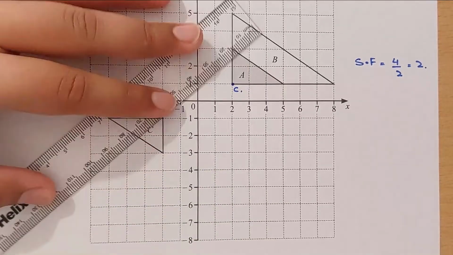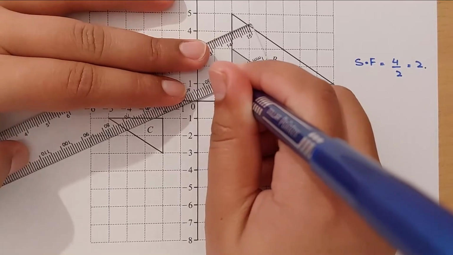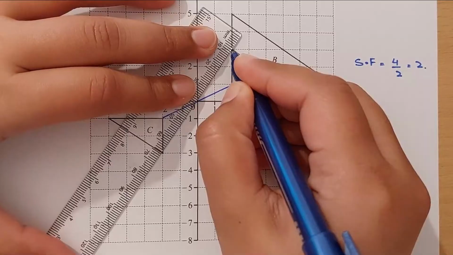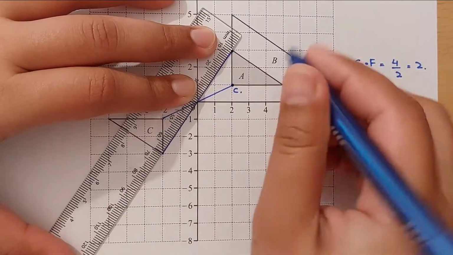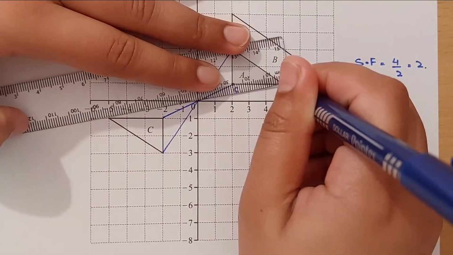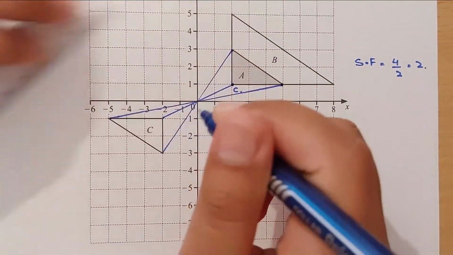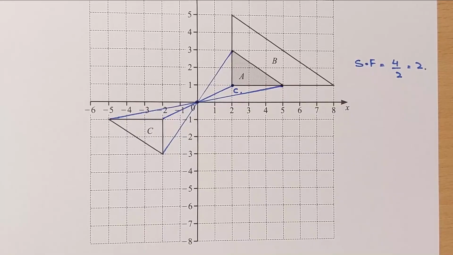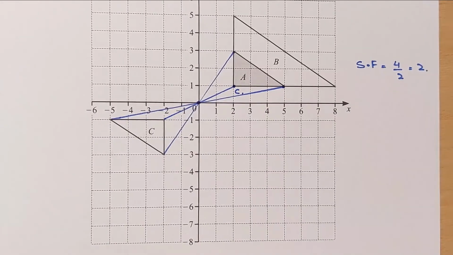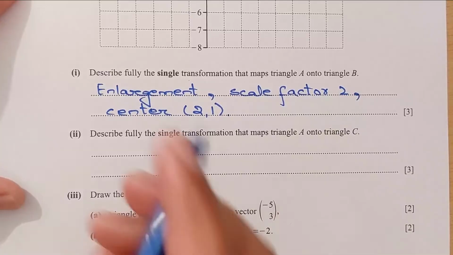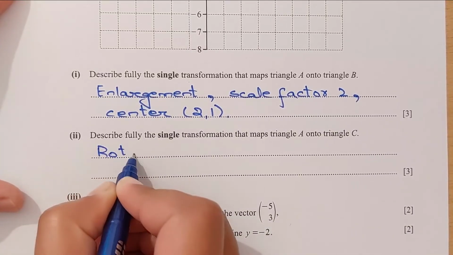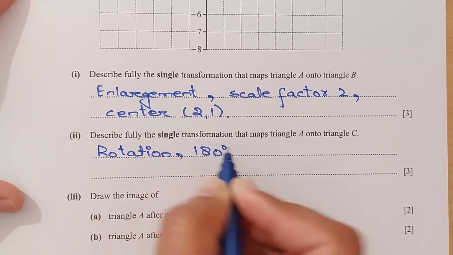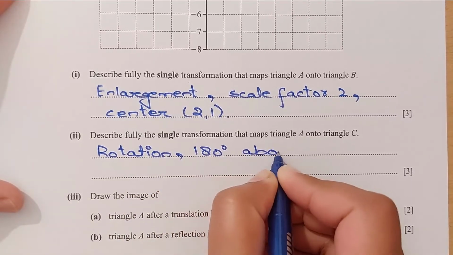Let me join the points, this with this, and this point with this. So it passes through the origin. So it means it is a rotation clockwise 180 degrees about the origin, right? Rotation 180 degrees about the origin.